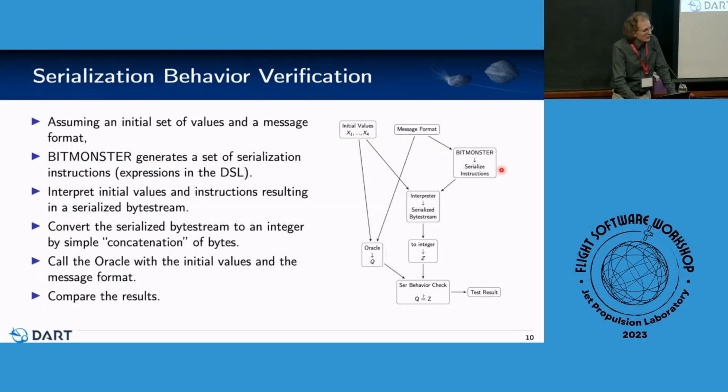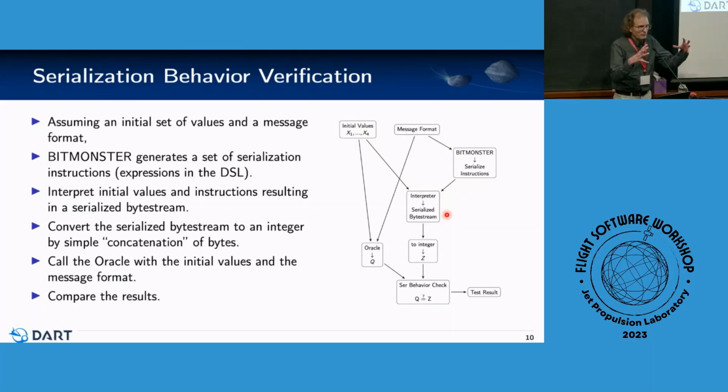Then we can leverage the interpreter that we built and interpret those instructions, as long as we feed in the initial values as well, and get a serialized byte stream.